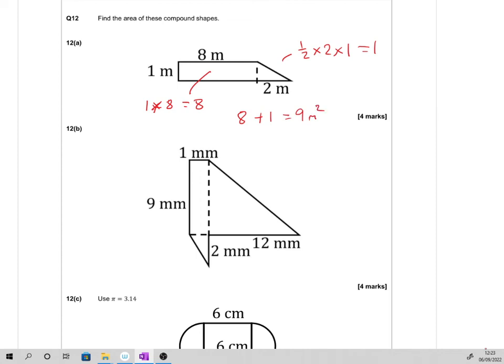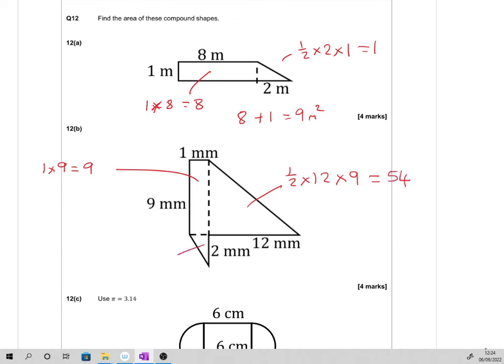This one. Let's do this bit first, which is 1 times 9 equals 9. And then this bit is a half times 12 times 9. So 0.5 times 12 times 9 is 54.